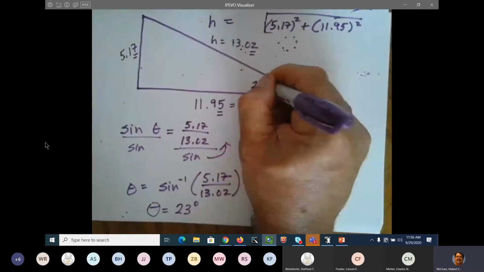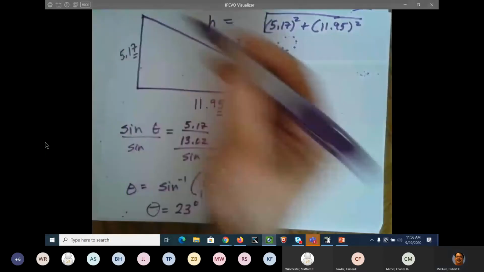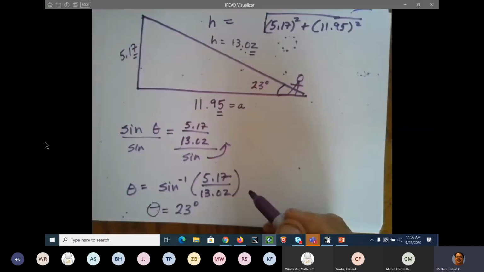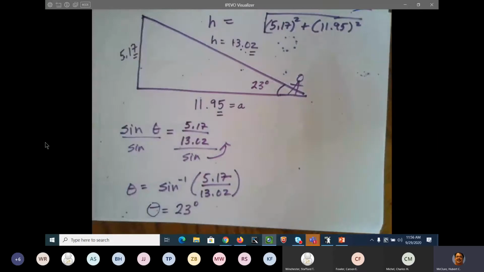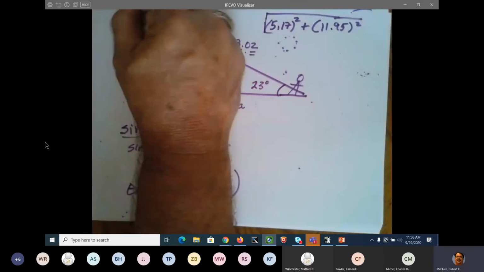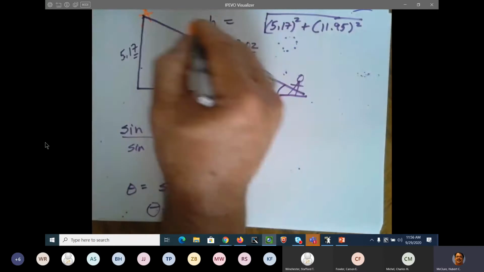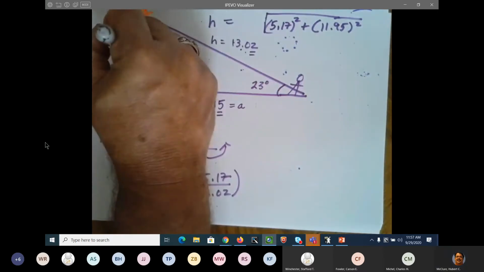So somebody tell me what I need to do to find this one. Well, you could subtract it from 90, but let's take a different color and put our man up here. His foot is on the hypotenuse and the what?